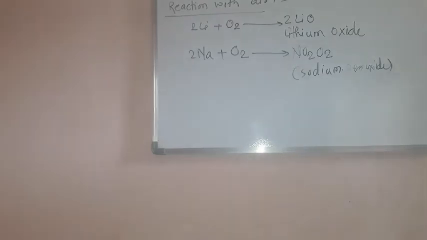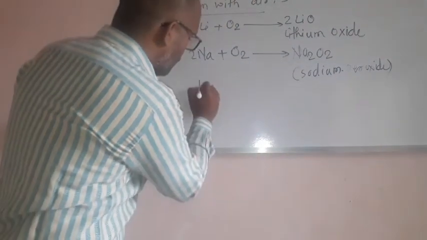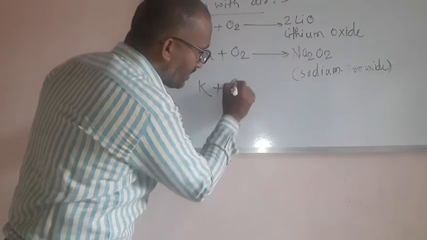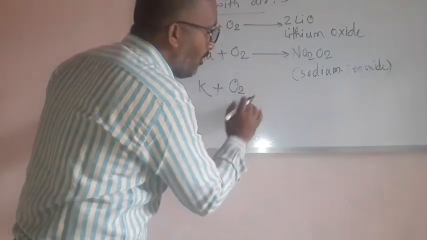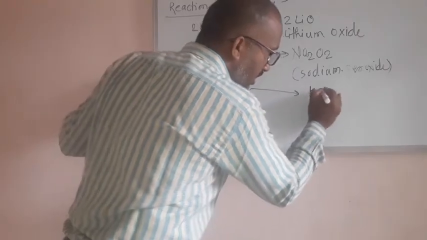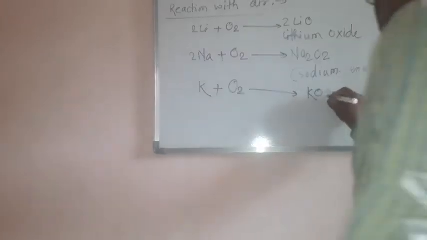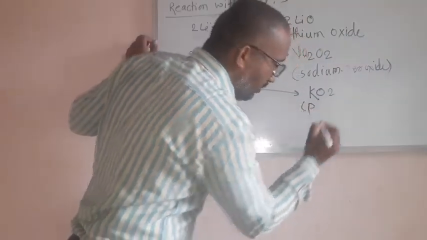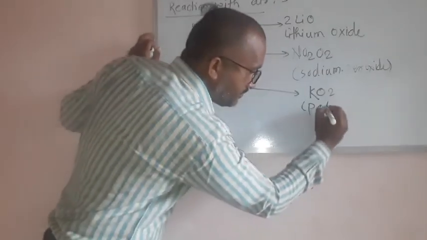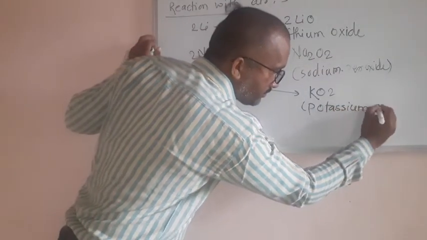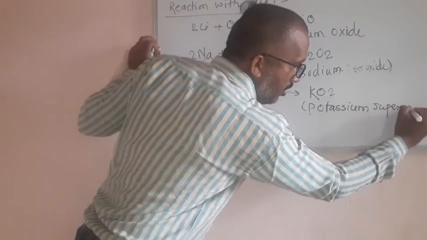Another example is potassium, also an element of group first. When potassium reacts with the oxygen, which is in the form of a gas, it gets converted to potassium superoxide, KO2.